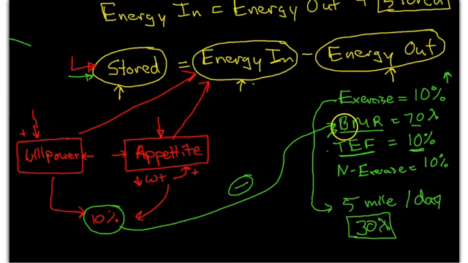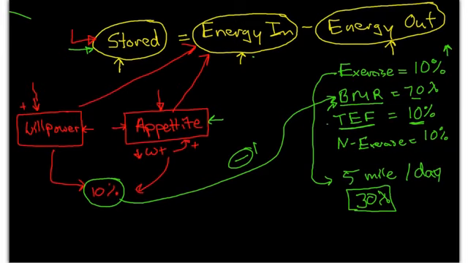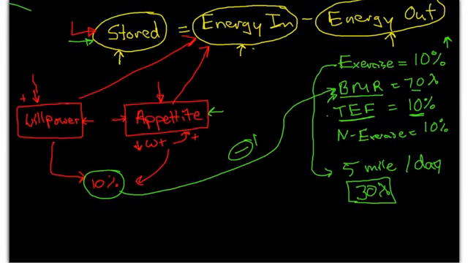And the body, again, is actively fighting against weight loss by decreasing basal metabolic rate and increasing appetite. So again, I just want to say that the major takeaway here is, if weight loss were easy, if it was as simple as eating less and exercising more, then we would all be walking around thin.